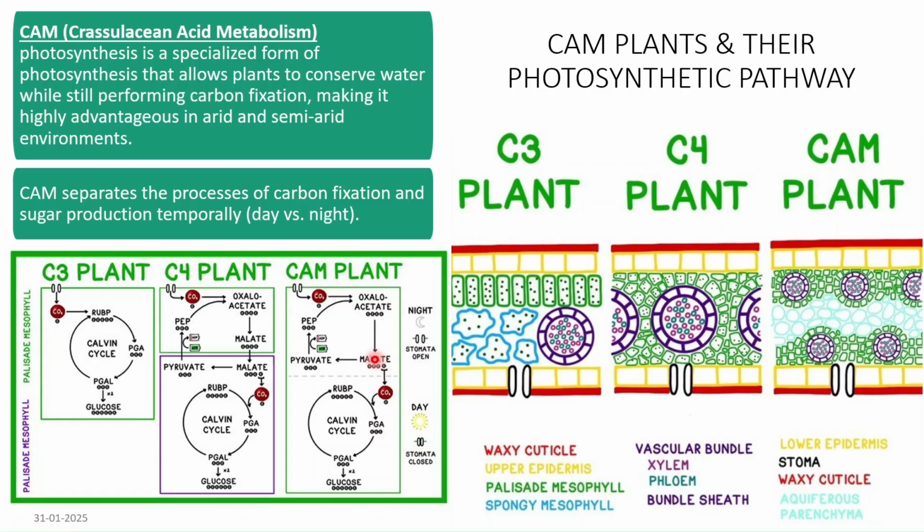Malate is then converted to malic acid and stored in the vacuole. During the daytime, this malic acid is again converted back to malate, which releases carbon dioxide for the Calvin cycle to happen, and then pyruvate is again getting converted to PEP. So this is how the CAM plants have their photosynthesis occurring.